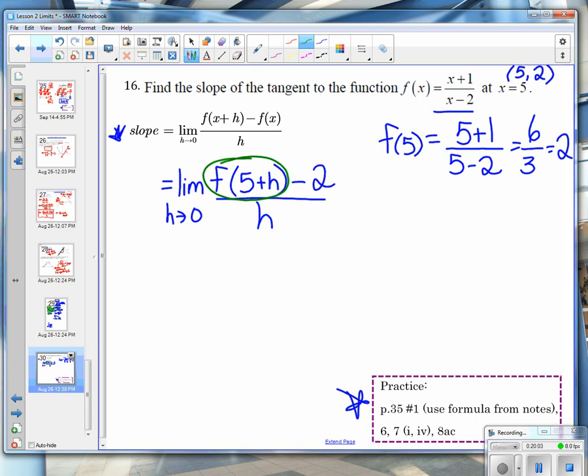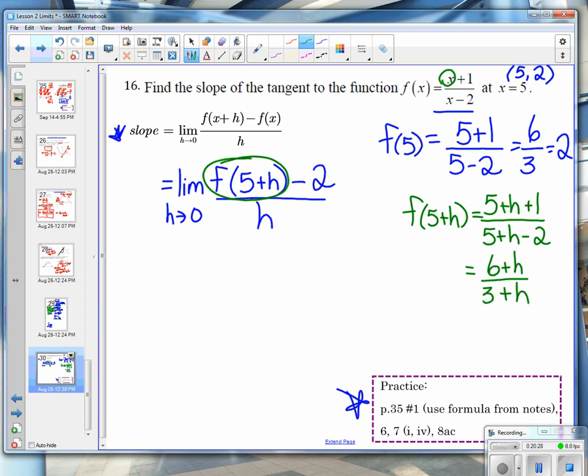So I'm just going to bring that over here, equals, and remember that means I'm substituting every x with 5 plus h. So I've got my 5 plus h plus 1 over 5 plus h minus 2. This would simplify to 6 plus h over 3 plus h.